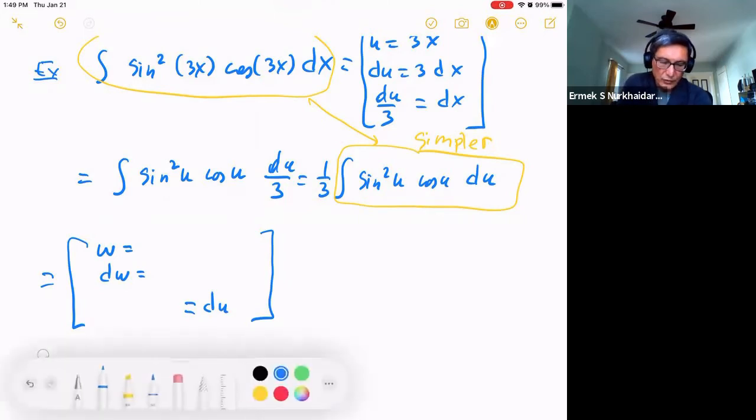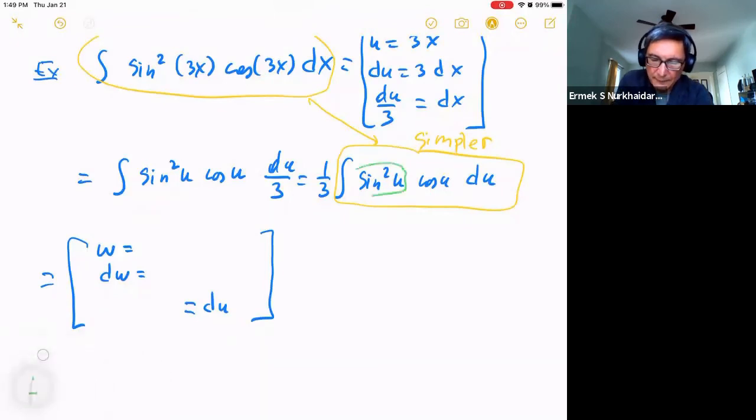Now let's figure out what should be the w. See my expression. I have sine squared and cosine u. Sine is as confusing as cosine. Sine squared, therefore, will be more confusing than cosine. That's more difficult.